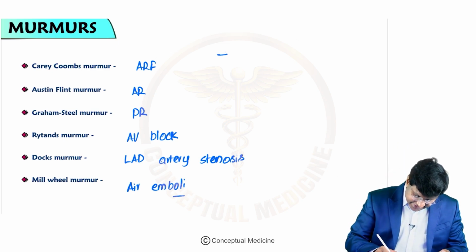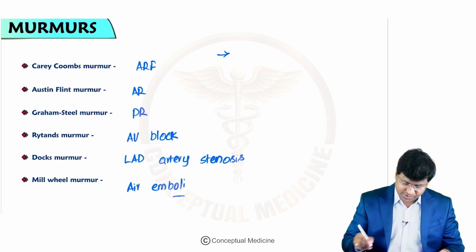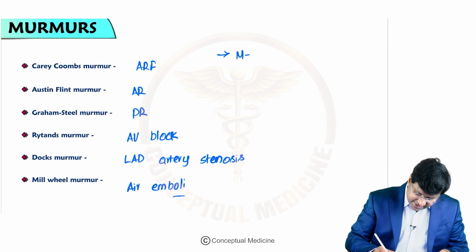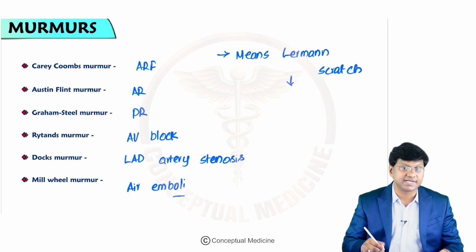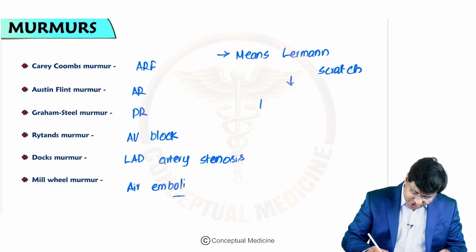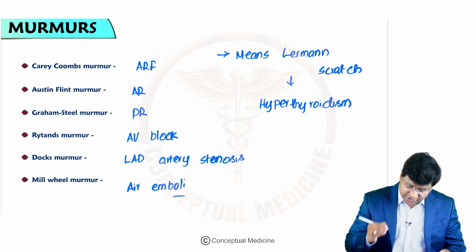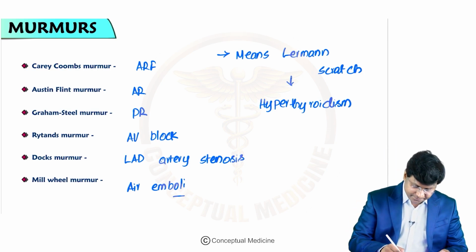And the next important named murmur is Lerman scratch. Lerman scratch is heard in patients with hyperthyroidism. So this is another named murmur.